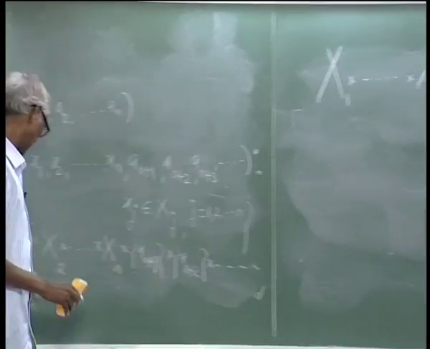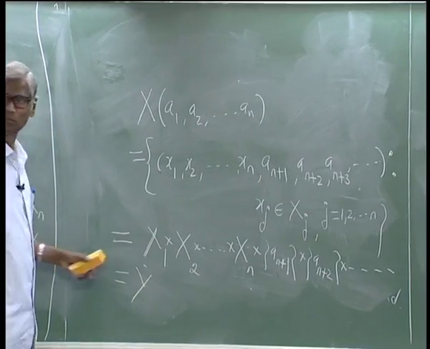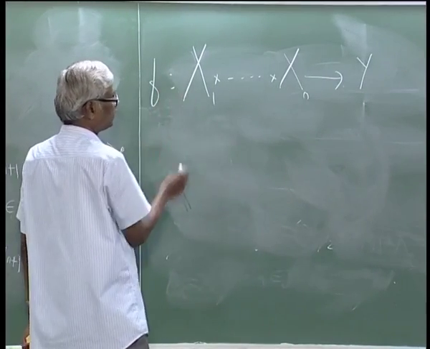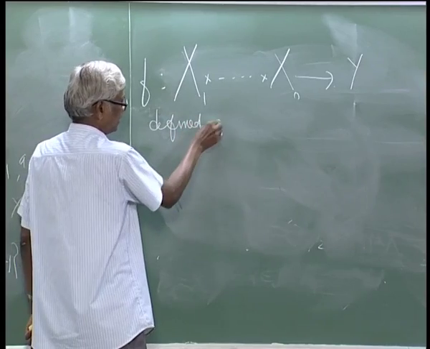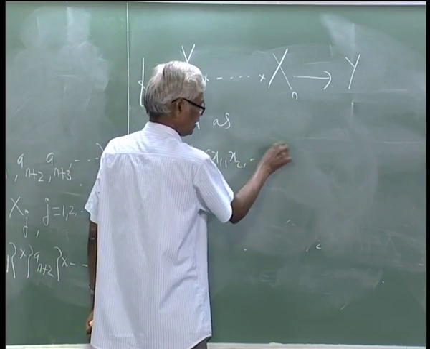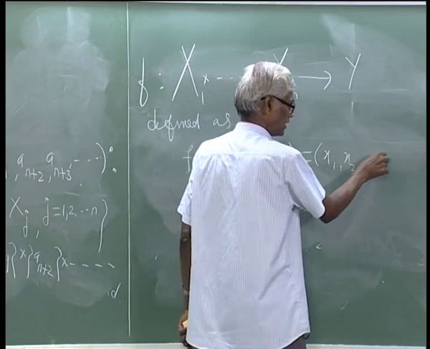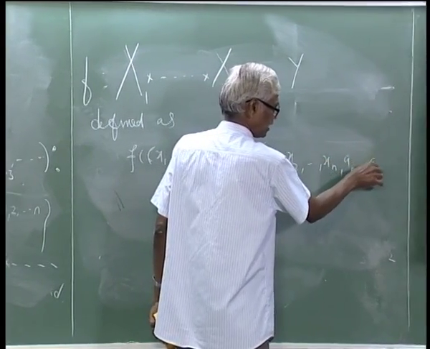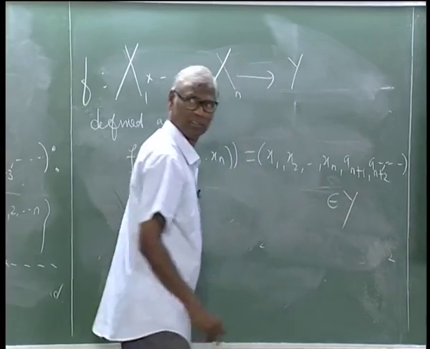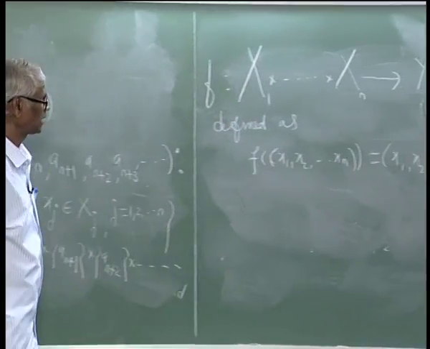Let us call this space Y. So, to Y, f is defined as follows: an element here is (x_1, x_2, ..., x_n), so the image is (x_1, x_2, ..., x_n, a_{n+1}, a_{n+2}, ...). So, this belongs to our capital Y, and this map is continuous and the image is Y. So, a continuous image of a connected set is connected.